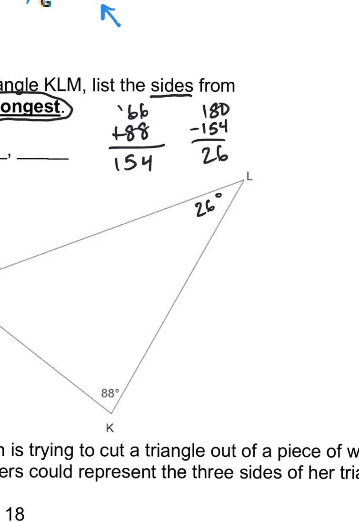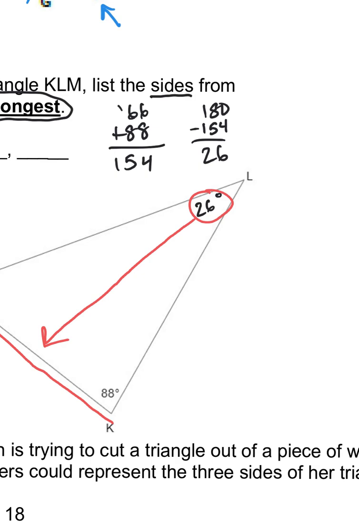So the shortest side will always be across from the smallest angle. Our smallest angle is the 26 degree angle. So I'm going to draw my arrow pointing opposite of that angle, which points at the side MK, right? M to K. So MK is our shortest side of this triangle. Our next smallest angle is 66, so I'll circle that.